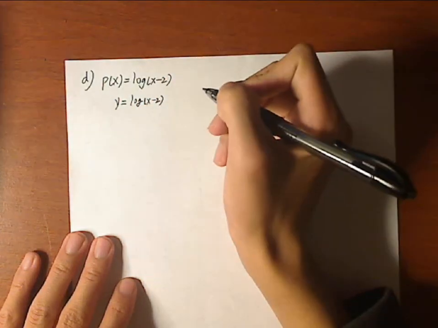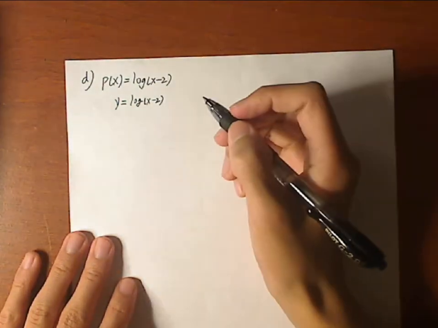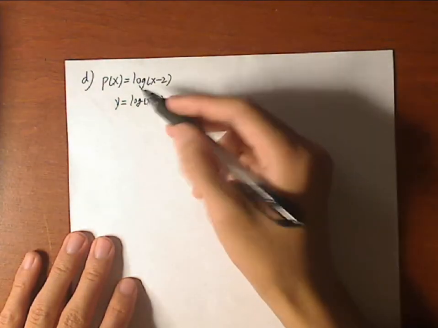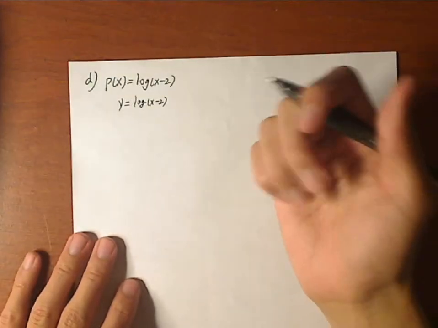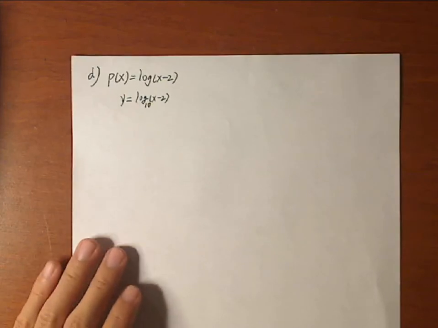This is just easier for me to teach and understand. When you see a log like this, that is called the common log, a log with a base of 10. You guys see that, right?